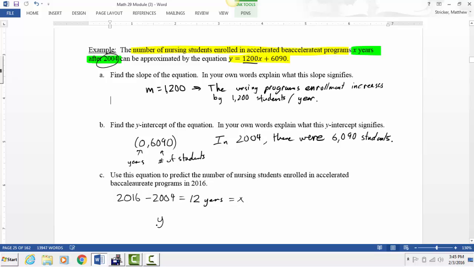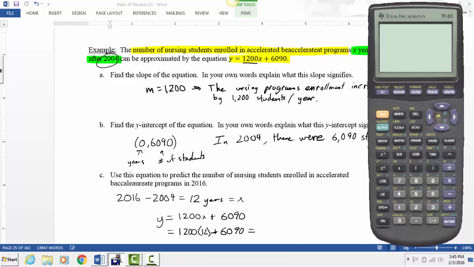So I can just say y equals 1200x plus 6090, and I'm going to put in 12 for x, and then add it to the 6090, and we can do that with a calculator.